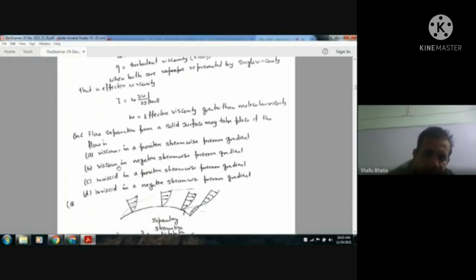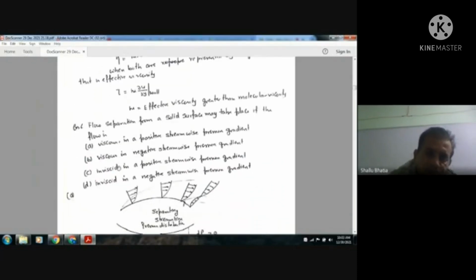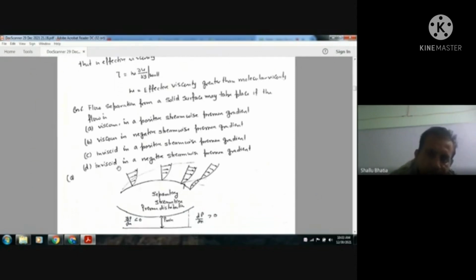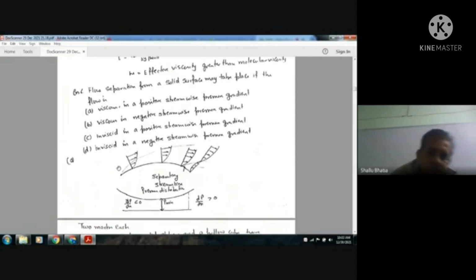Okay. Next, the flow separation from a solid surface may take place if the flow is option A, viscous in a positive streamwise pressure gradient; B, viscous in a negative streamwise pressure gradient; C, inviscid in a positive streamwise pressure gradient; D, inviscid in a negative streamwise pressure gradient. Okay, so this is your solid surface.